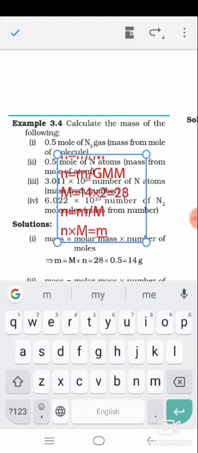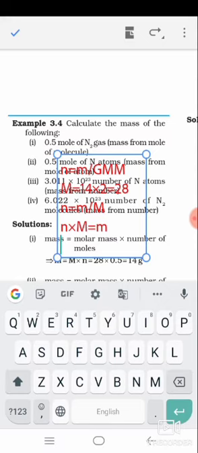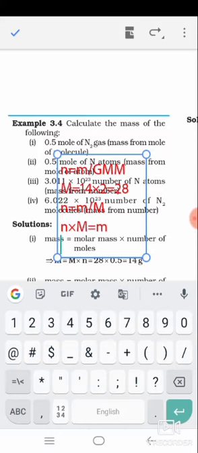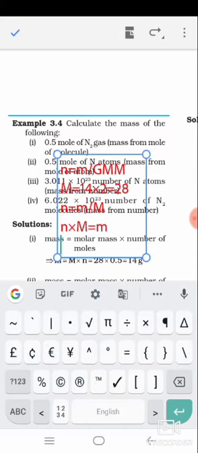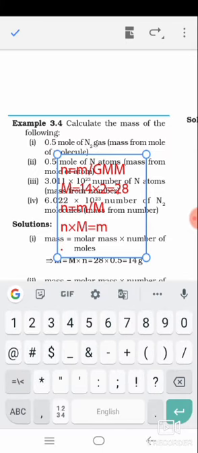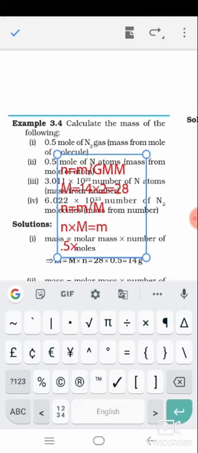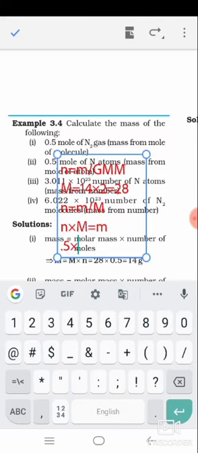So this is your equation. Now it will be very easy to calculate. On applying the values here, you can calculate the given mass. So small letter n is 0.5, and 0.5 into capital letter M, which is 28.